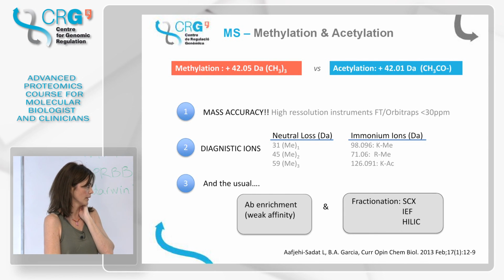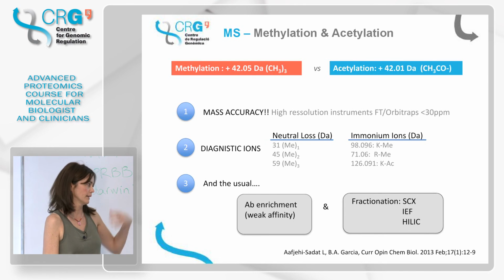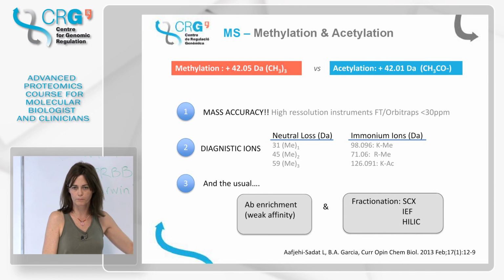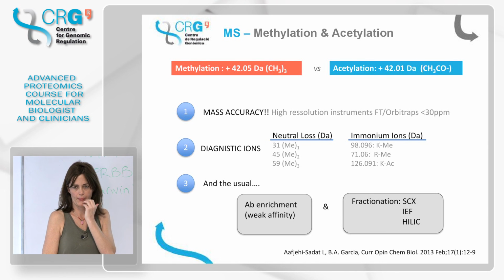There are also some diagnostic ions, like we had with phosphorylation, some neutral losses, some ammonium ions that can give us keys about these modifications. And like with all the ones that we have been discussing, fractionation can help and enrichment with antibodies. This is more or less how we deal with these modifications.